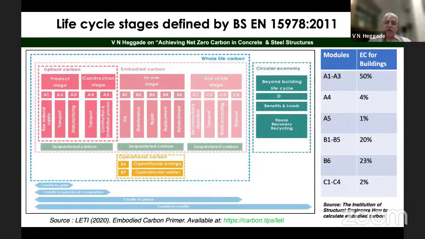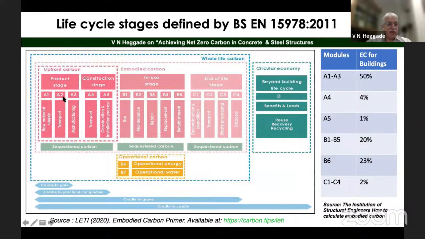All over the world, if you really look at it, the life cycle stage model provided by BS EN 15978:2011 is universally used. This is for the building sector, as you can see here. Within the whole life cycle stages, carbon dioxide emission takes place at different stages.